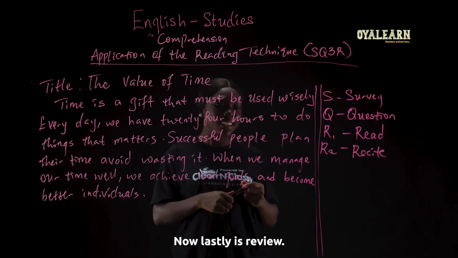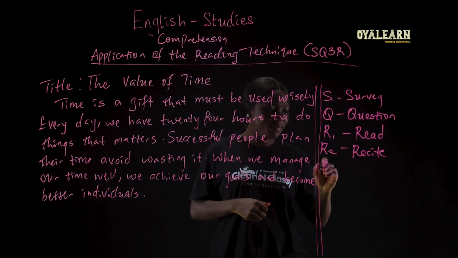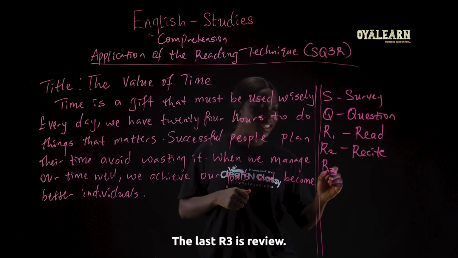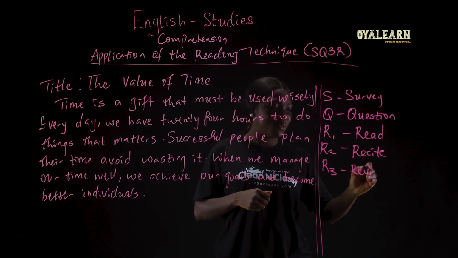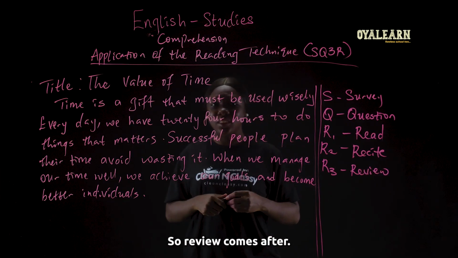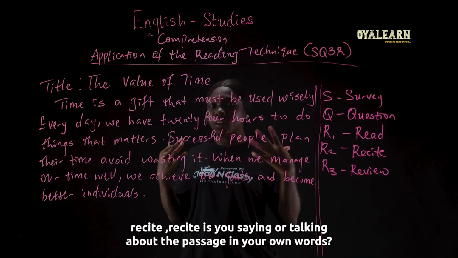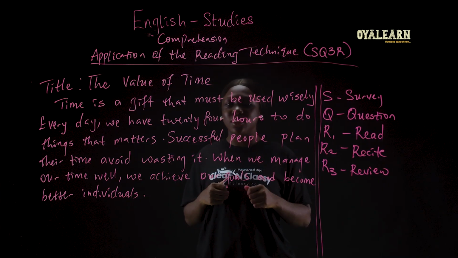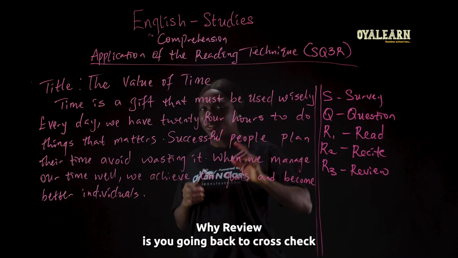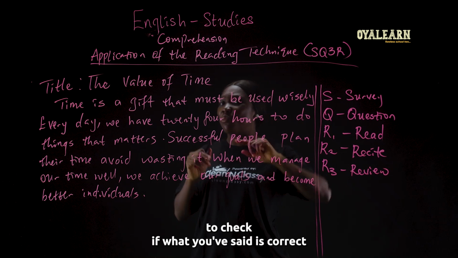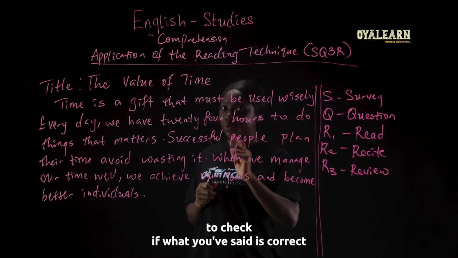Now, lastly is review. The last, R3, is review. So review comes after recite. Recite is you saying or talking about the passage in your own words, while review is you going back to cross-check if what you've said is correct.